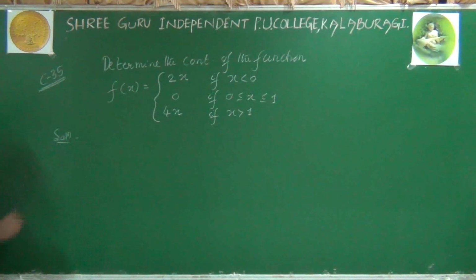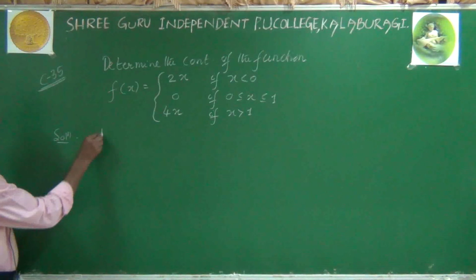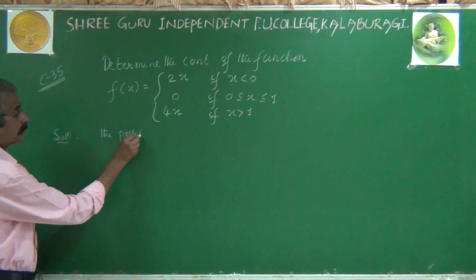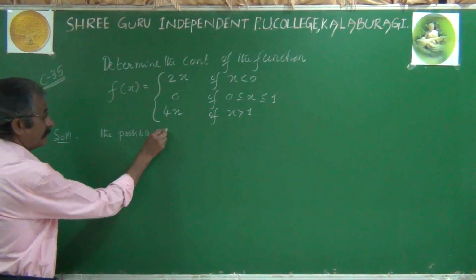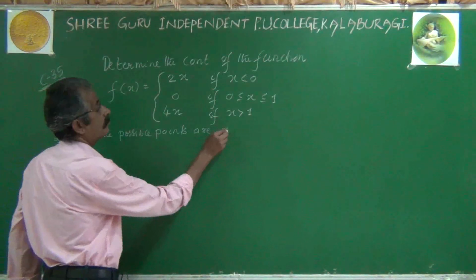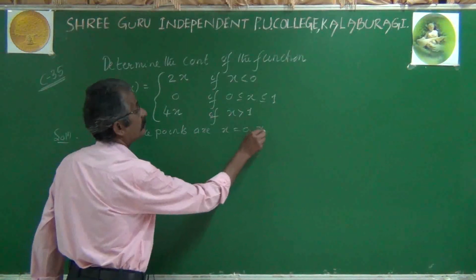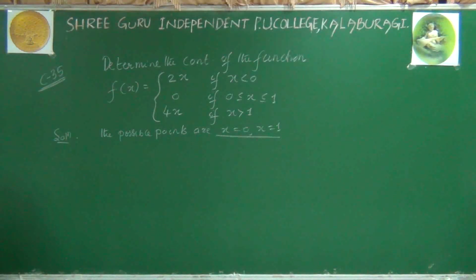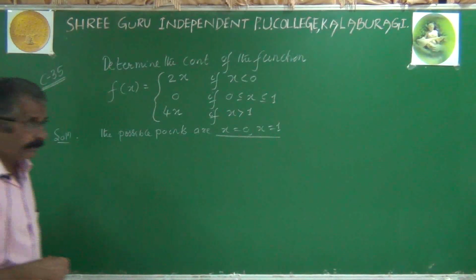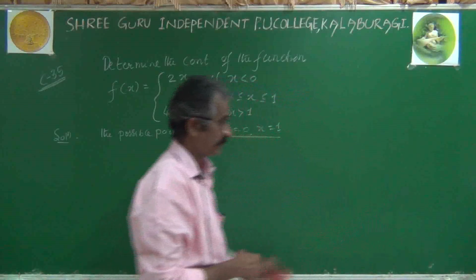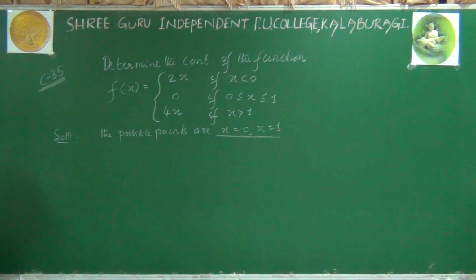First write the information that the possible points are x equal to 0 and x equal to 1. Because two points are provided, we have to solve in two cases.